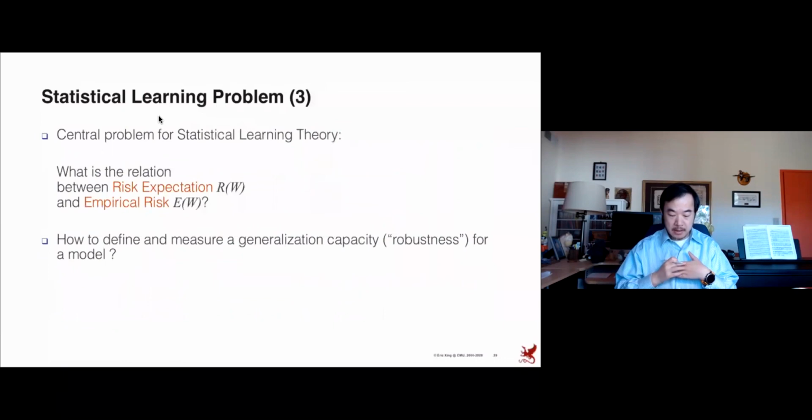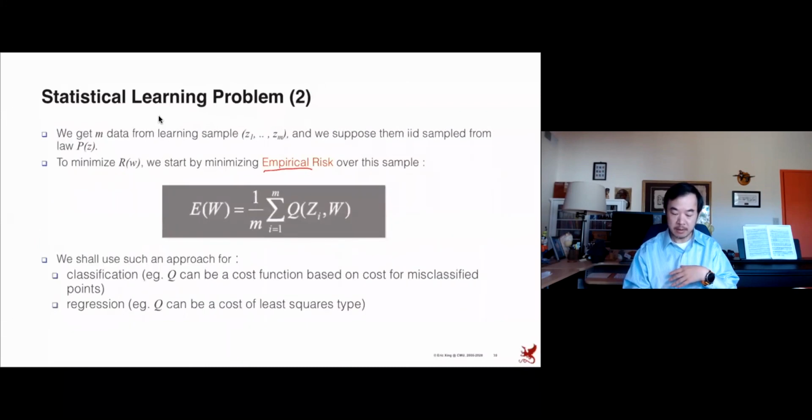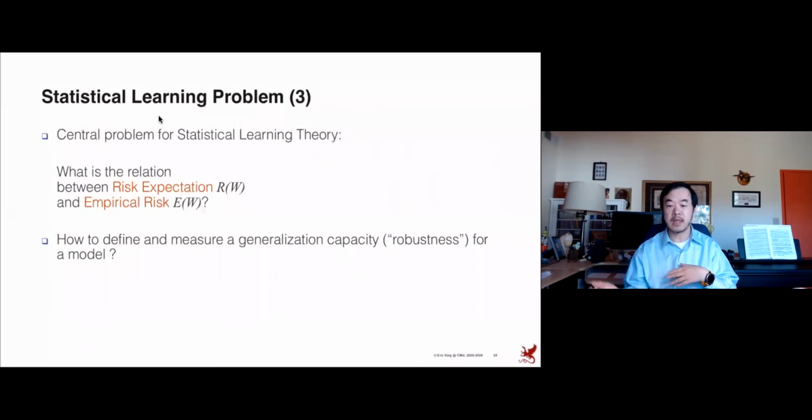This training is typically known as empirical risk minimization. So we now want to ask, what is the difference between the empirical risk that you train on and the true risk? It goes back to the same question we asked last time: there is a difference between the true error and the empirical error.